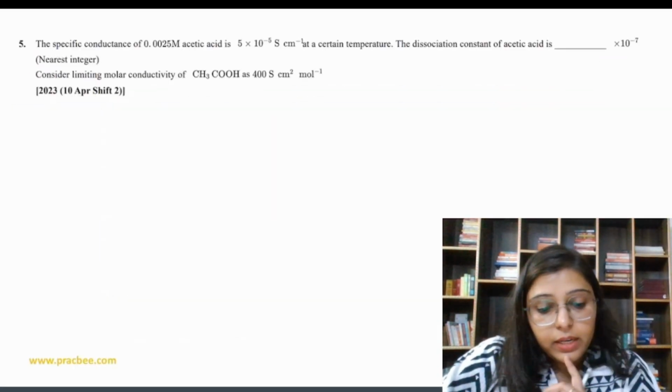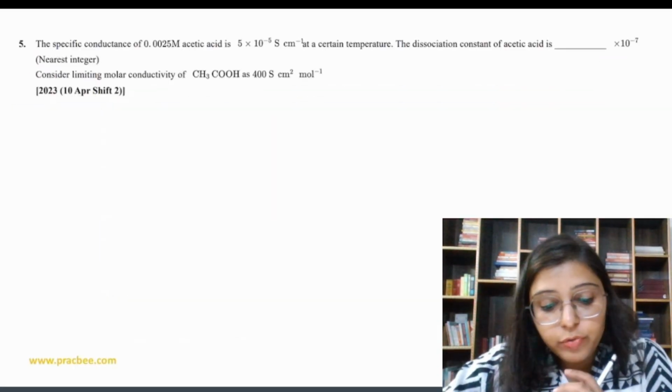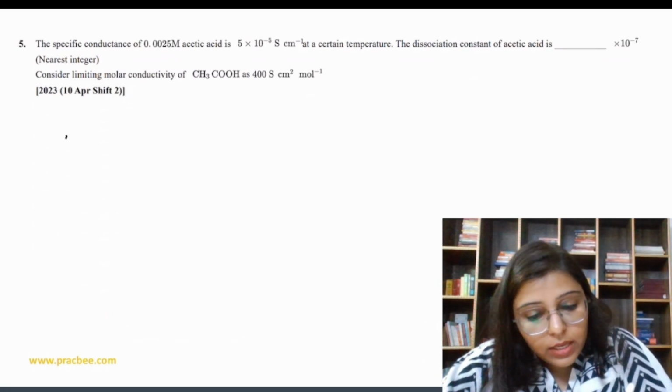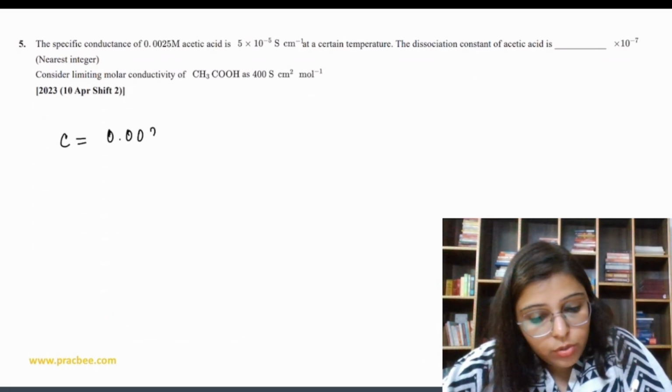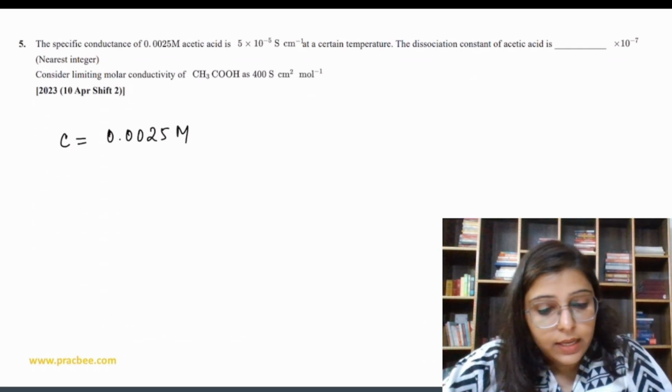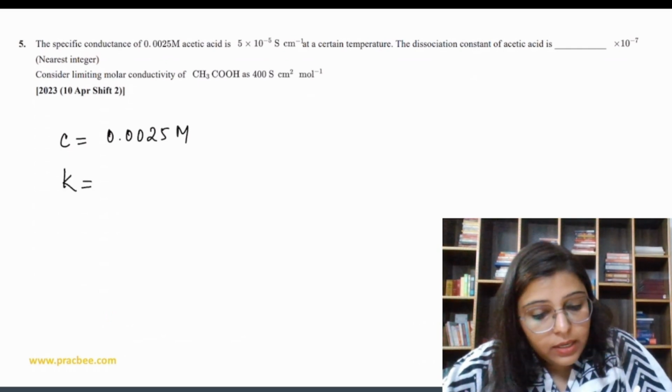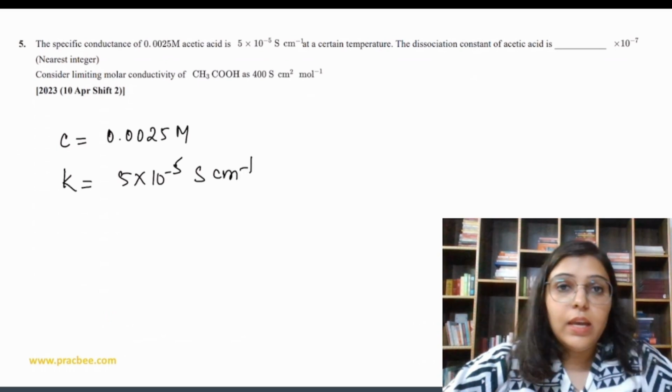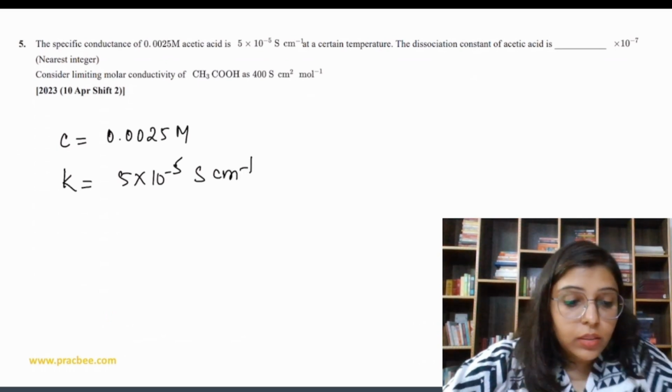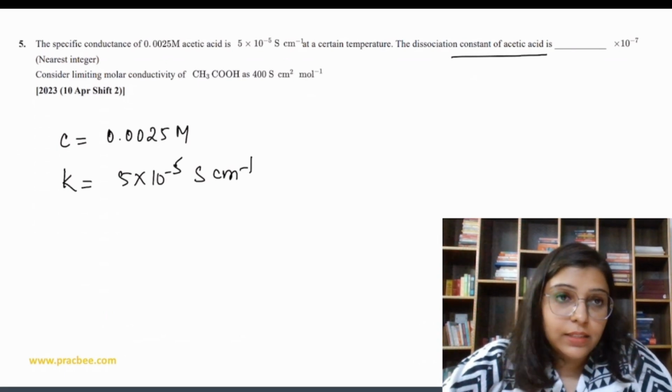The specific conductance of 0.0025 molar acetic acid, so the concentration is 0.0025 molar, kappa specific conductance is 5 into 10 to the power minus 5 Siemens centimeter inverse at a certain temperature. The dissociation constant of acetic acid.